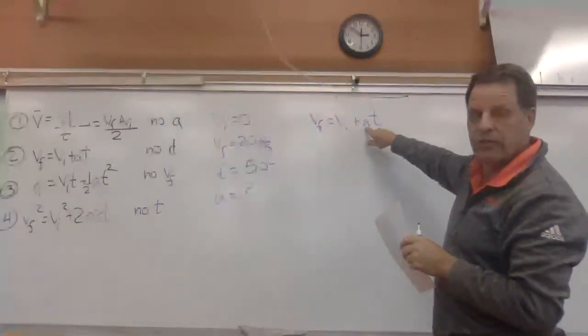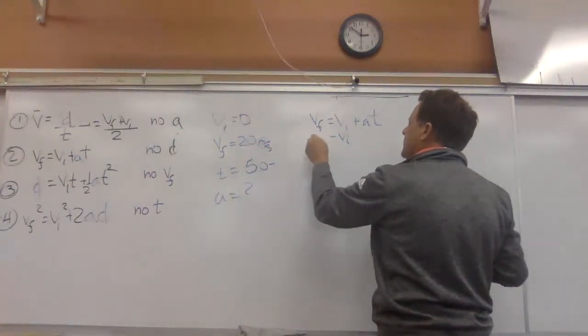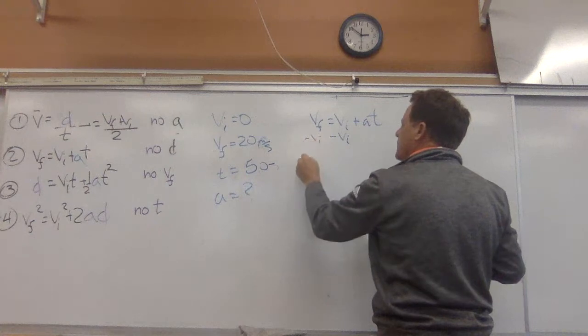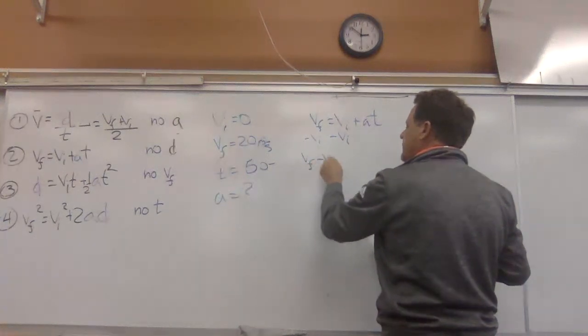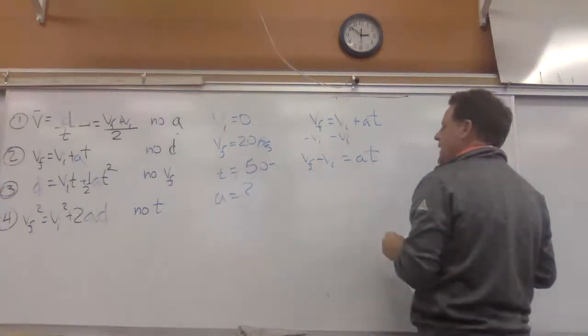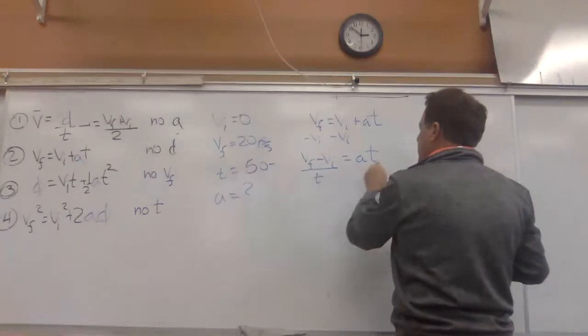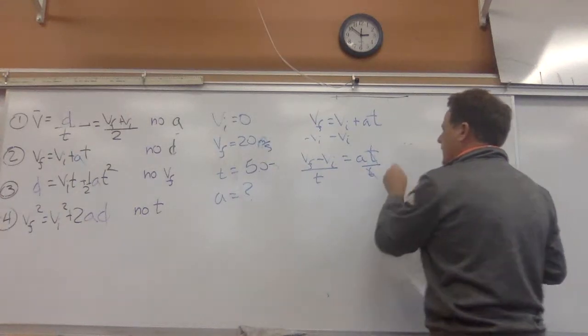So we want to get this all by itself. We're going to subtract VI from both sides, so we get V final minus V initial equal to AT. Then we're going to divide both sides by time, and that's going to cancel out.